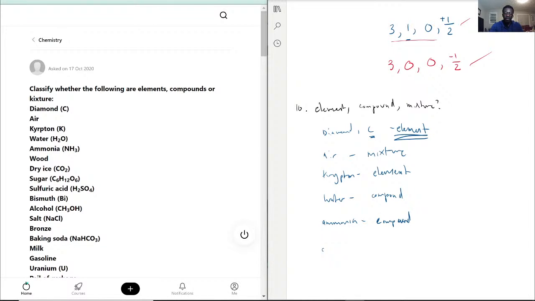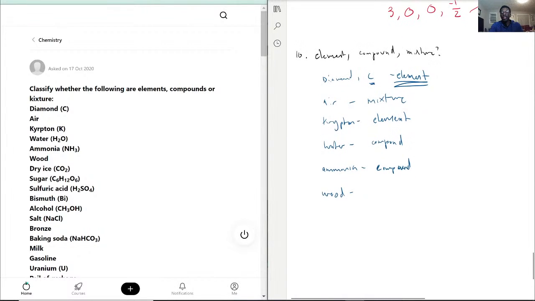And wood. This one is going to be, ooh, that's tricky. That's real tricky. I'm going to say it's a mixture. Because, oh man, how do I even explain this?